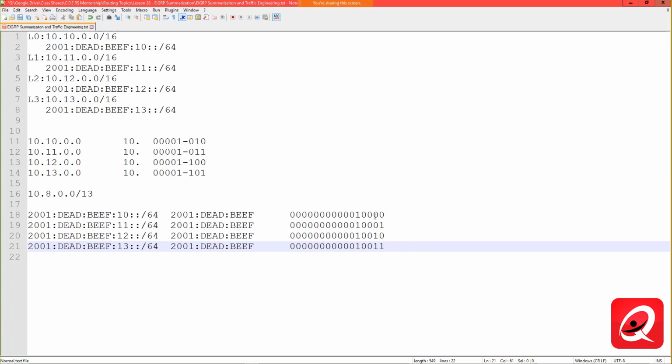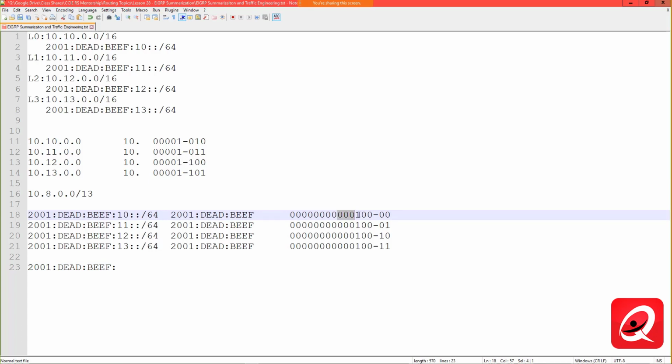So in this particular case, our summary boundary lies here, because we can see all the common bits for this hextet. Those are all the common bits, which means my summary in this case becomes 2001:DEAD:BEEF. Now remember, we've got 4 zeros here, 4 zeros here, so those can be dropped off.